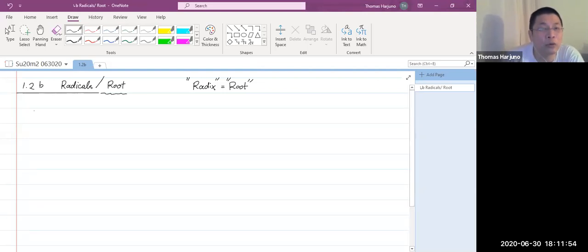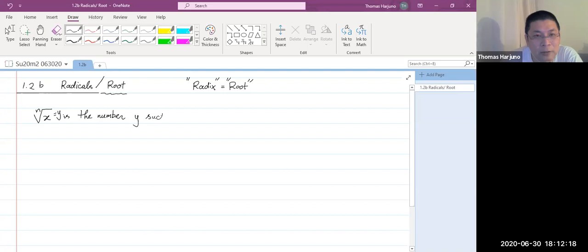what is the nth root? The nth root of x, let's call this y, is the number y such that y to the n equals x.